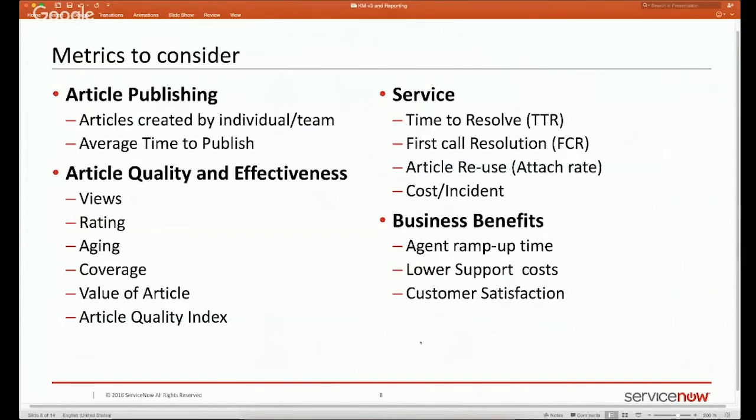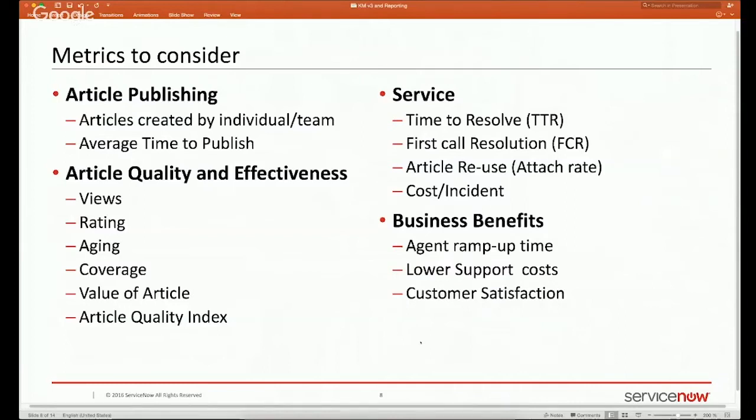Value of an article is a computed metric, something we don't support out of the box, but some of our customers have done this offline. It's a combination of all the above values. So you can say if I get 100 views, my article gets 2 points.